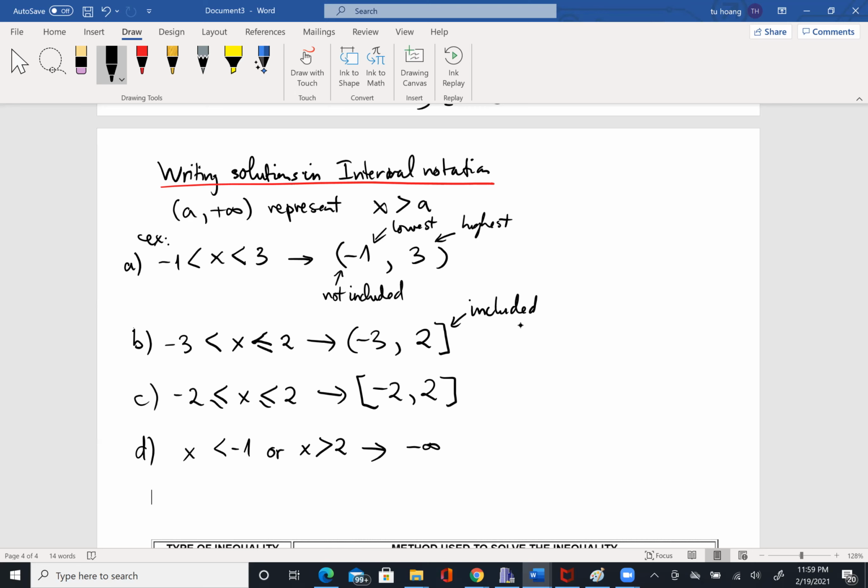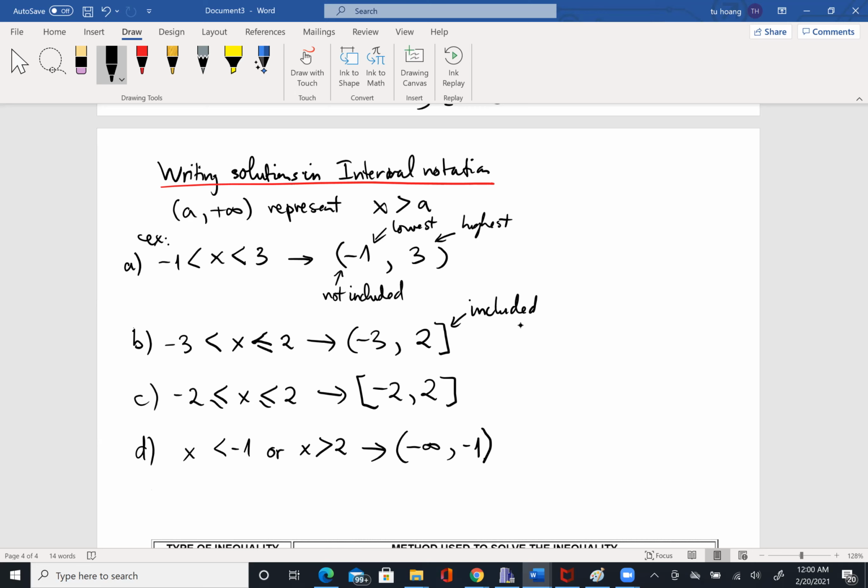And since it's negative infinity, I always have a parenthesis with it. Always have a parenthesis with infinity. Then comma, what's the highest value for the first inequality? -1, and then inclusive or exclusive? I'm going to say not included, so parenthesis for that.